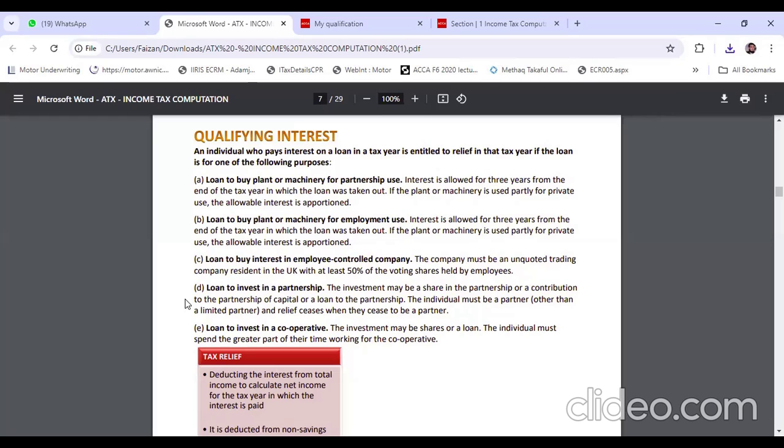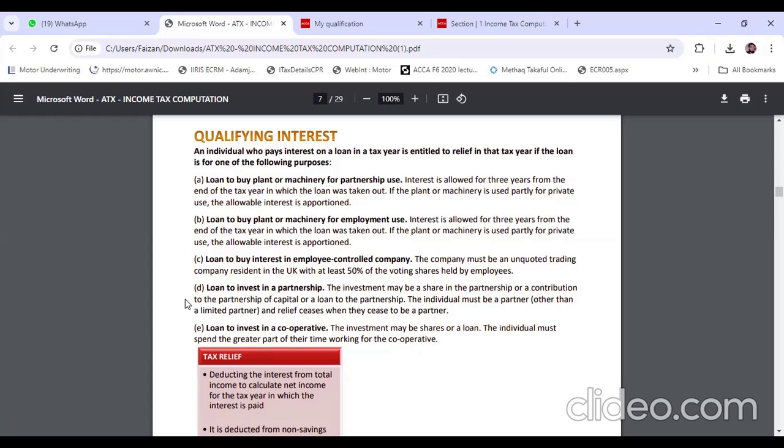If a taxpayer acquired a loan, he has to pay interest. Now the thing is, why did he acquire the loan? Why did he take the loan? We have to consider the reason for the loan. We have to think, what is the reason?